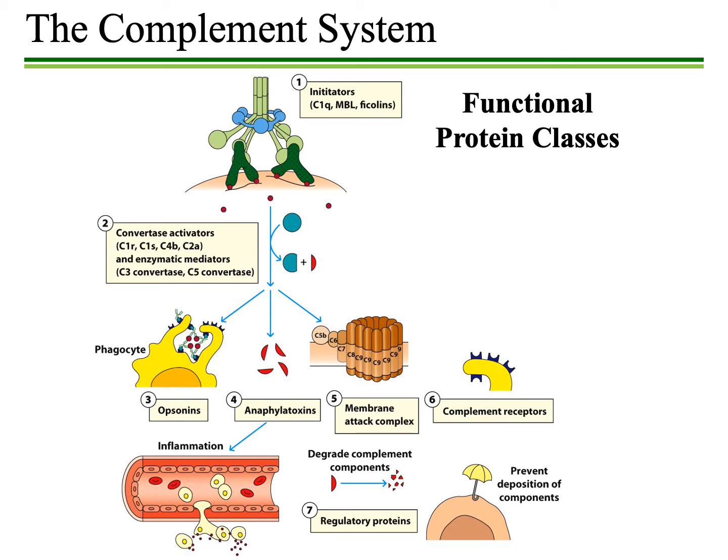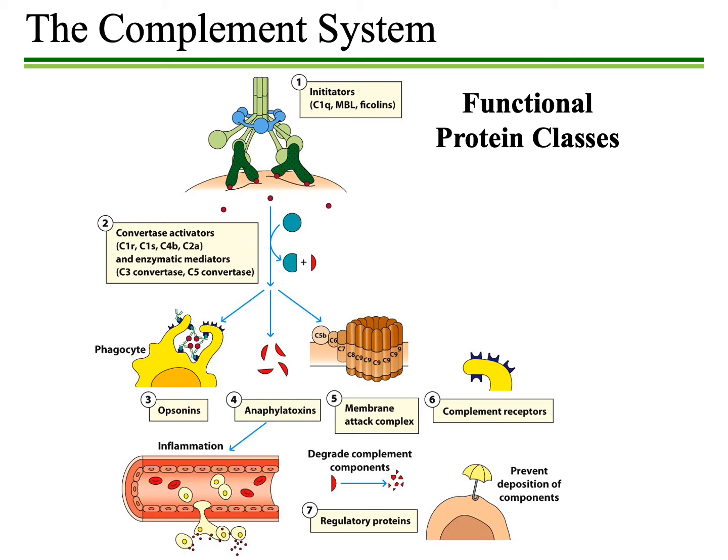We will look at each one of the pathways in a little more detail, and we'll look at some specific components that fall into this initiator category. But again, any protein that helps with the activation of the process would fall into this functional category.